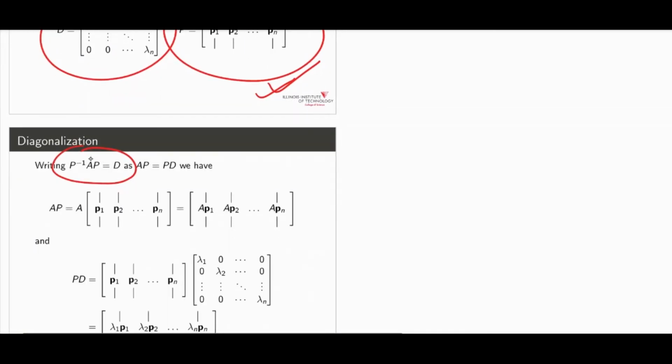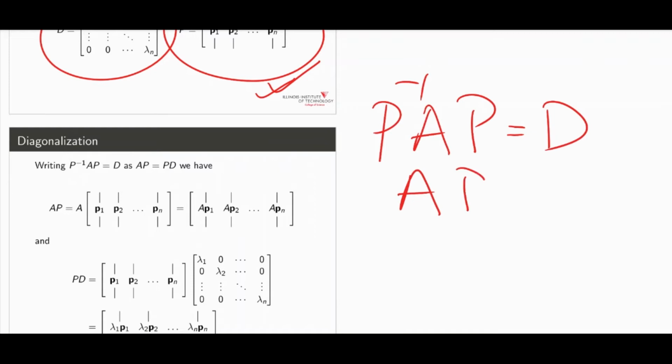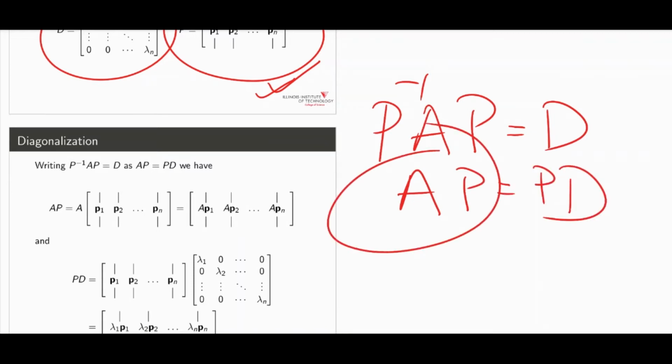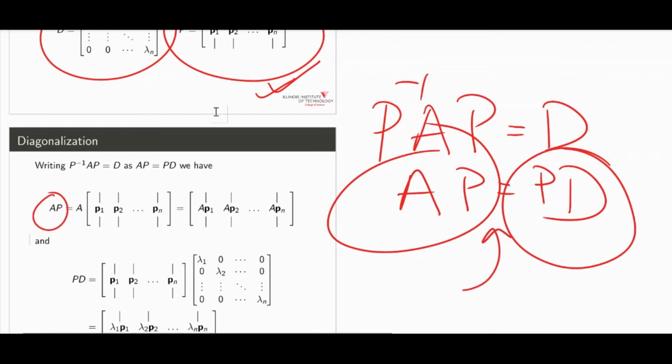If P inverse AP equals D, then AP equals PD. Let's compute AP and PD, equate them, and see what we get. From the very beginning of the semester, we know that matrix multiplication has some special properties.